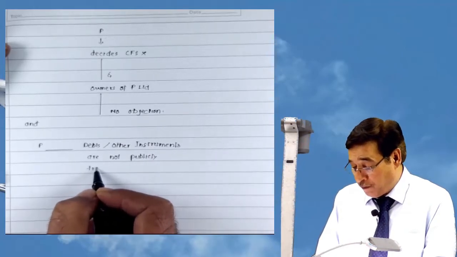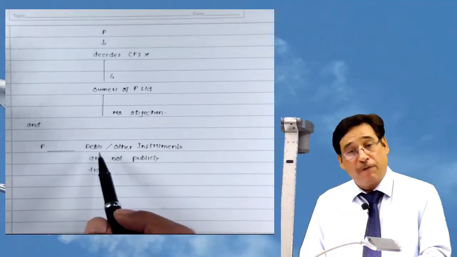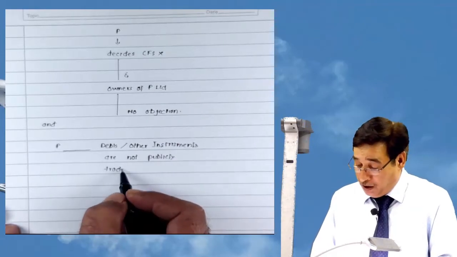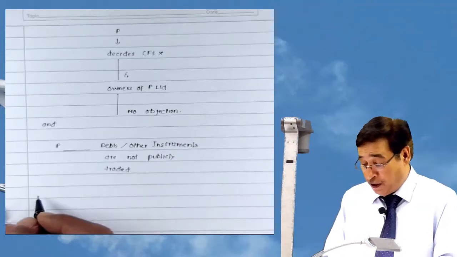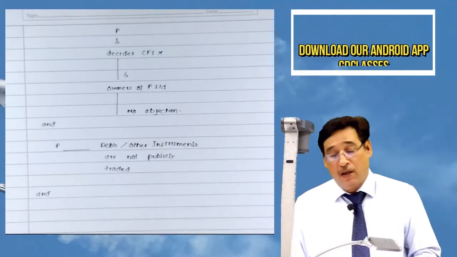Publicly traded means trading is being done of debt securities and equity securities of this entity. And remember one thing, all these conditions must be satisfied, then only it will become an exception.